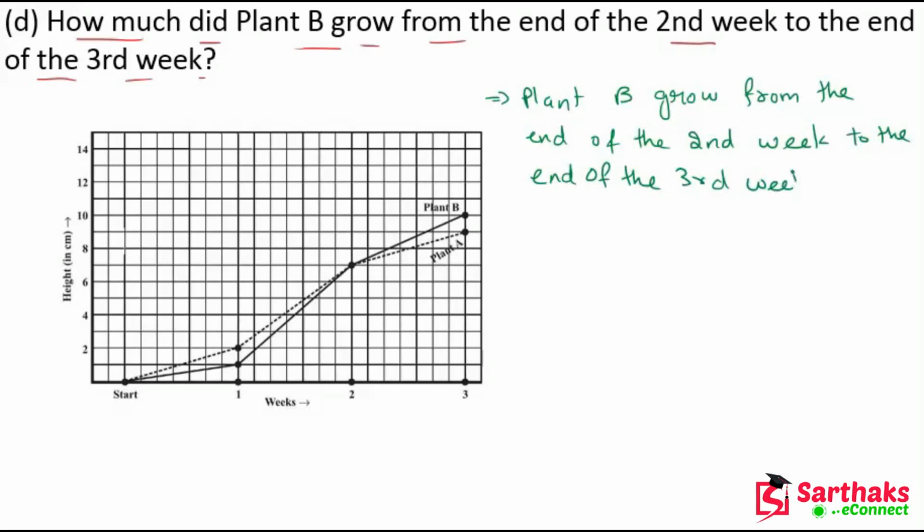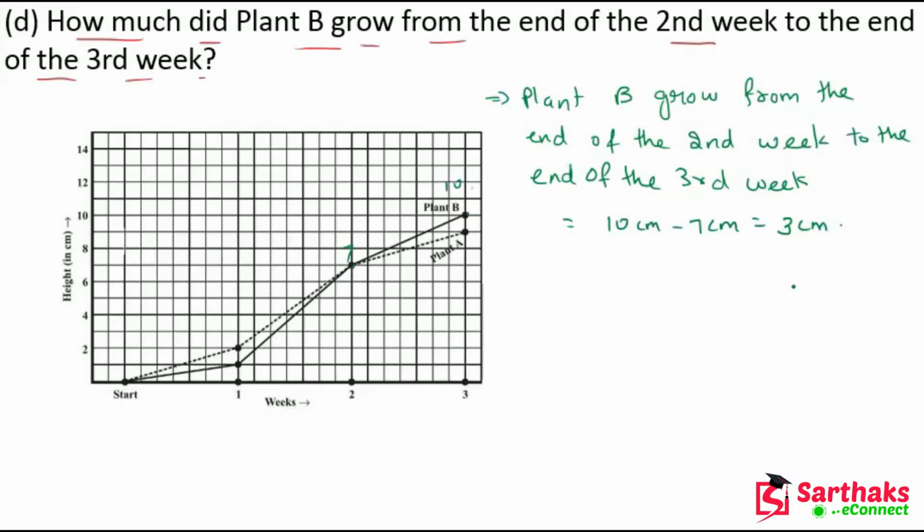At the end of the second week the height of plant B is 7 centimeter, and at the end of the third week the height of plant B is 10 centimeter. So 10 centimeter minus 7 centimeter, this will become 3 centimeter.